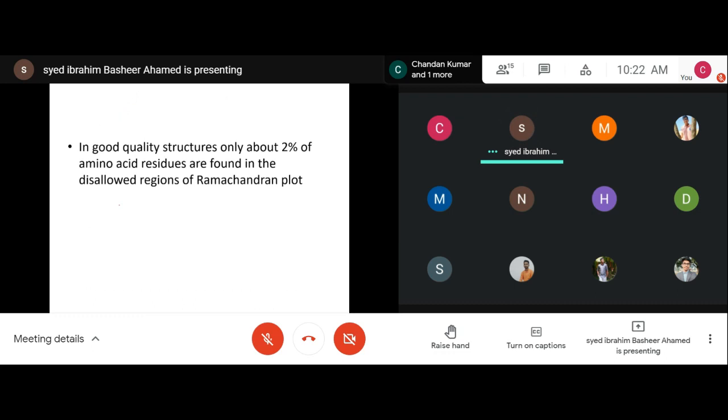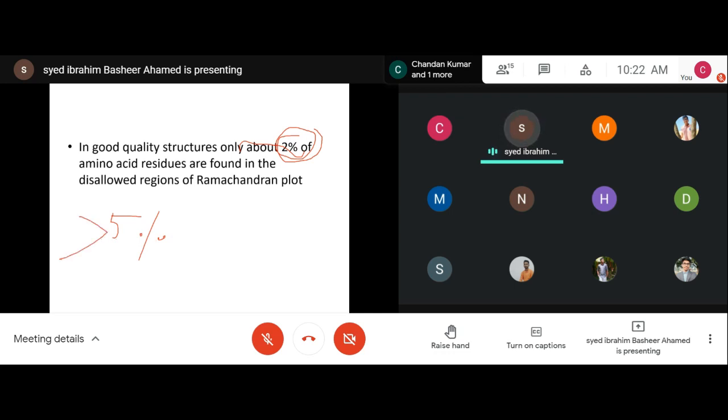And how much is allowed in the Ramachandran plot? Generally 2% is allowed. If your protein model has 2% of amino acids appearing in the disallowed region, it's okay. Up to around 5%, some people allow.